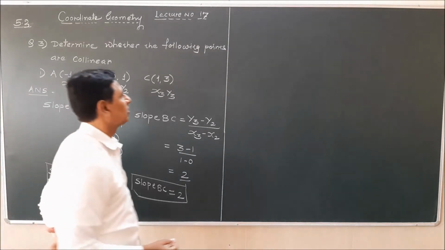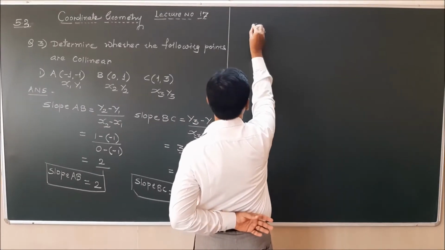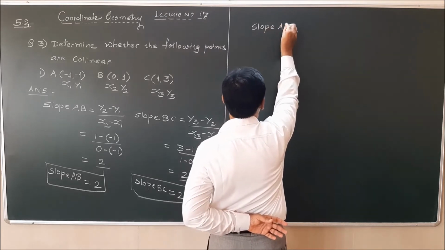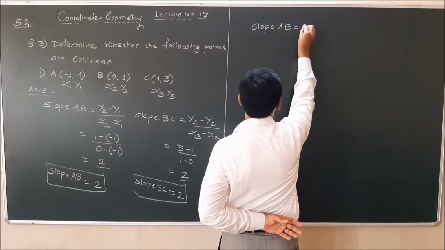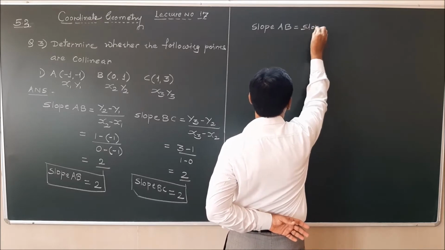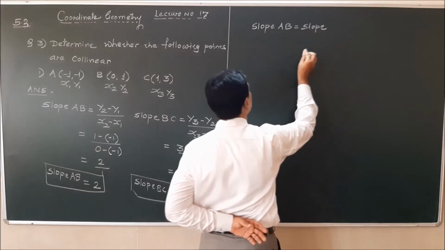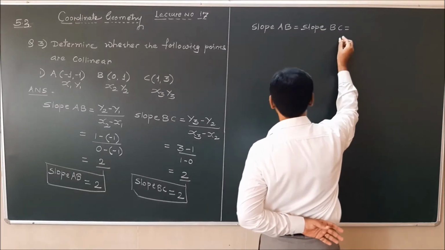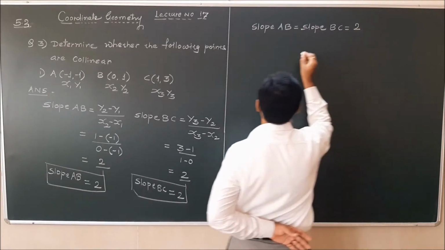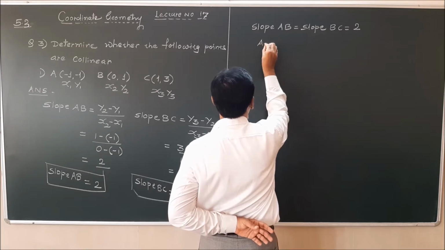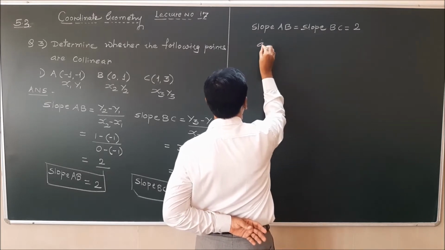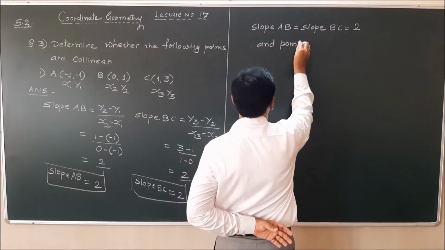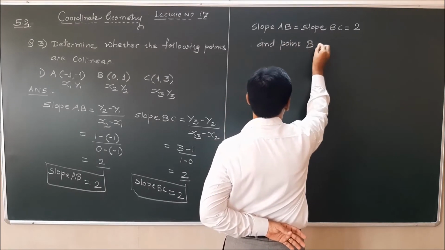So I can write it over here that slope of AB is equal to slope of BC, that is equal to 2, and point B is common.